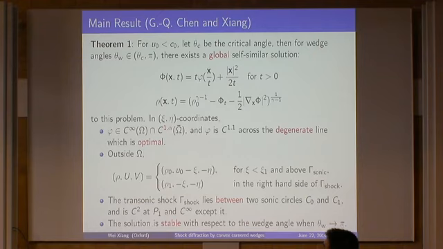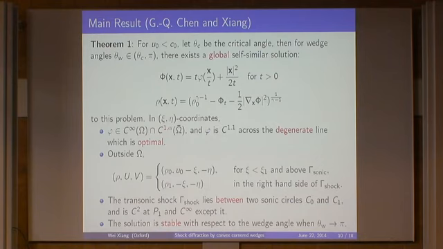The transonic shock lies between two sonic circles, the left-hand side and the right-hand side, C0 and C1. Between these two it is a transonic shock, and it is C infinity except at P1, this point. This point should be C2, from the optimal regularity result done before. And also the solution is stable when the wedge angle theta_w goes to pi.